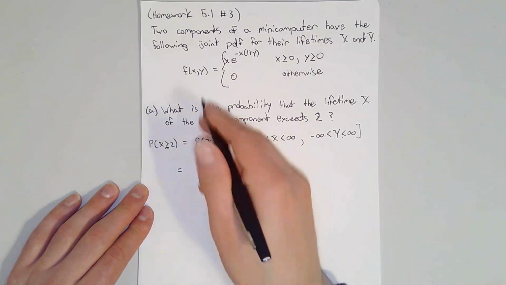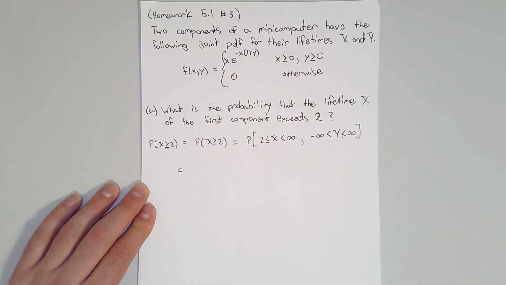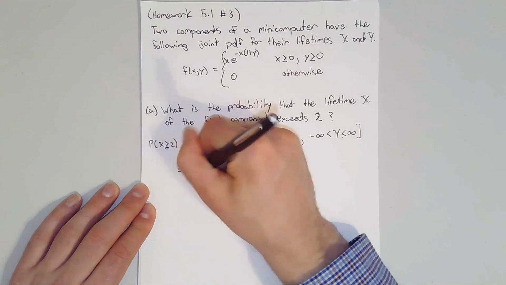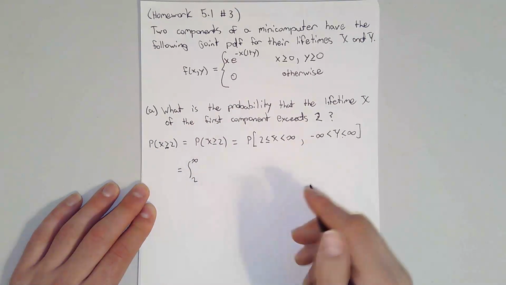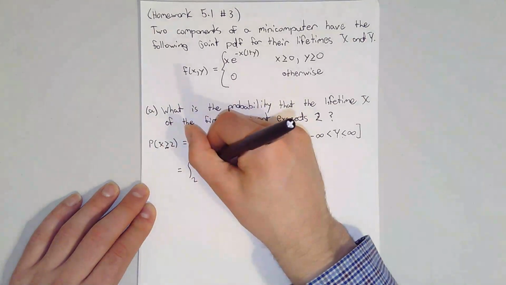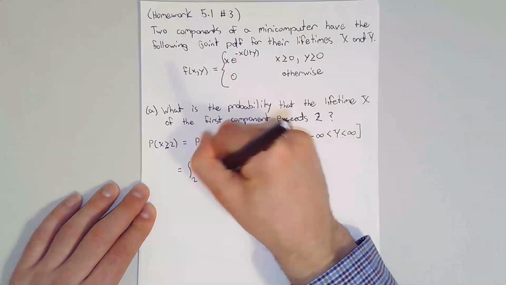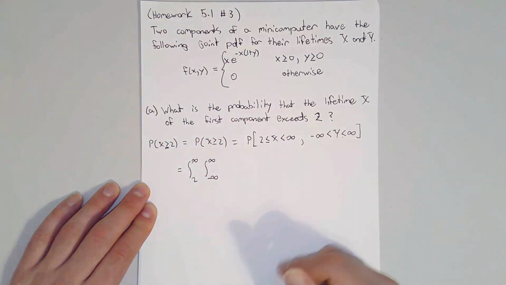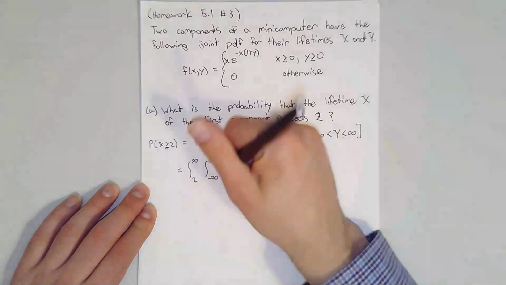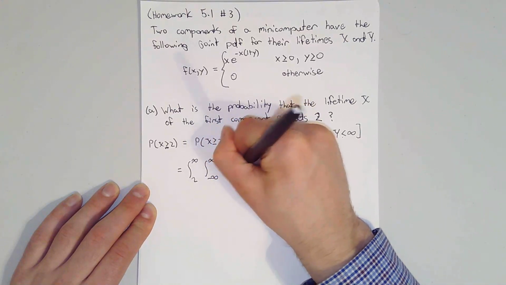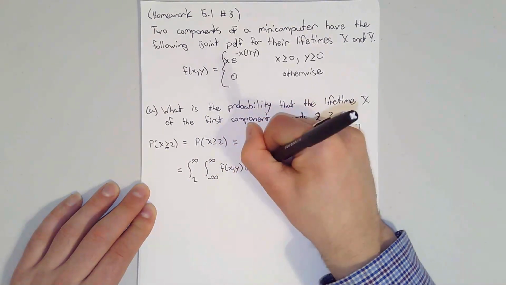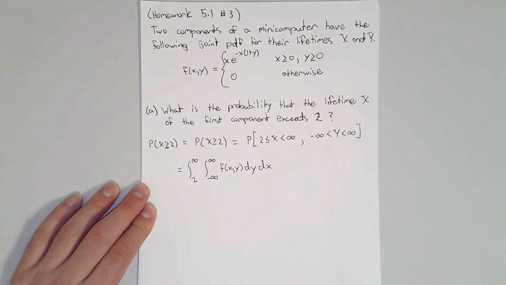So in terms of our PDF, it looks like the following. This is a rectangular region again, and this is the integral from 2 to infinity of x, and the integral from negative infinity to infinity of y. And what is that? Just like so.